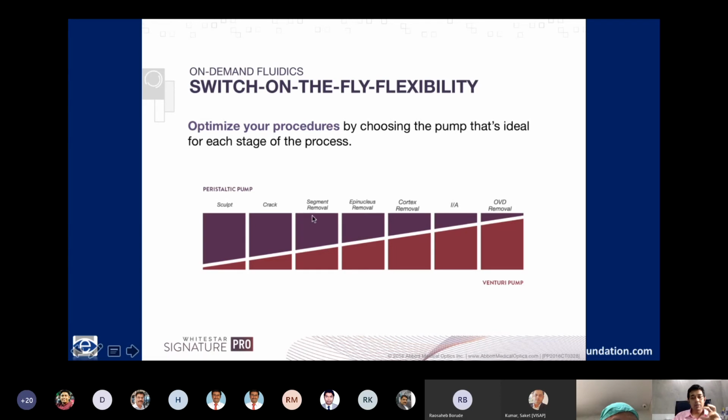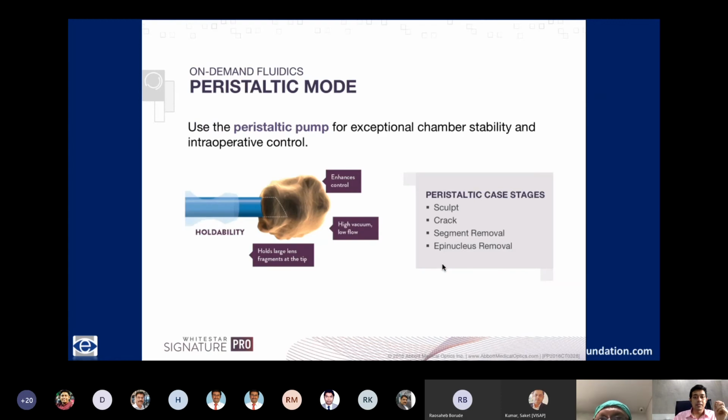In the early quadrant removal as well, your peristaltic continues to help. But as we move along in the later part of quadrant removal, in epinucleus, cortex, and IA and OVD removal, that is when the Venturi pump can kick in. You have the ability to switch it on and off on the fly, and that really enhances the efficiency.